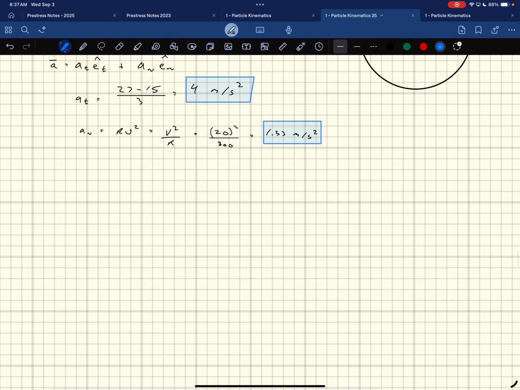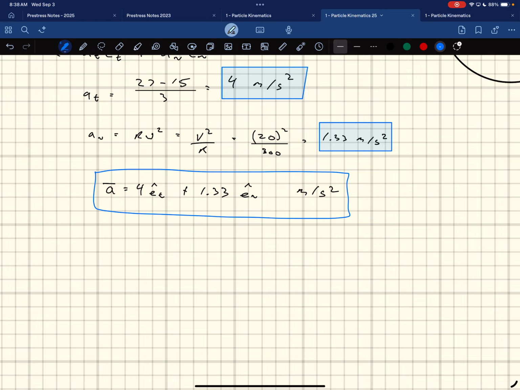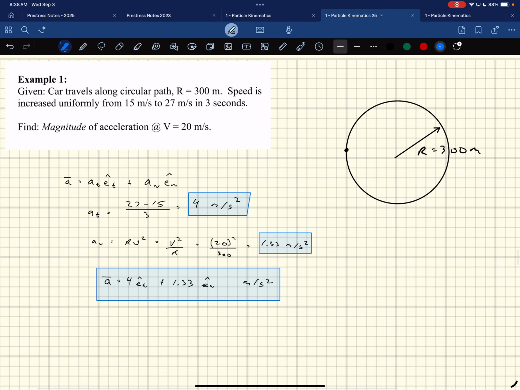And then our vector ends up being, now we get to write it out as a vector. My acceleration vector would be 4 in the ET direction plus 1.33 in the EN direction, in meters per second squared. But what the problem statement actually asks for is the magnitude of acceleration. How do we get the magnitude of a vector?